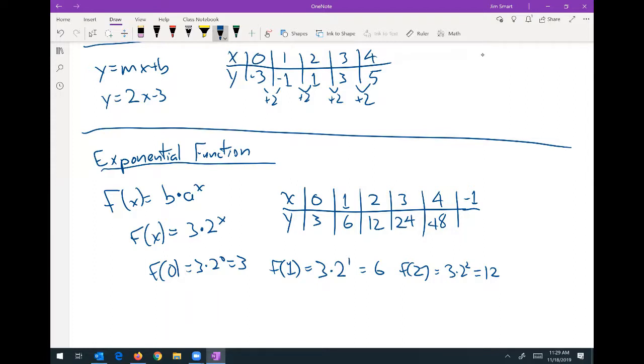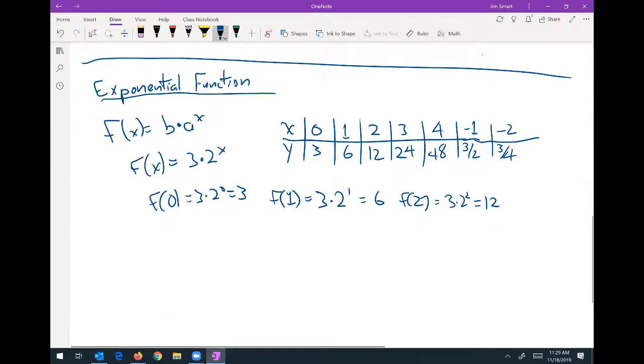So now if I have 3 and I want to go left 1, it's going to be 3 divided by 2, which would be 3 halves, or 1.5. And then at -2, I divide that by 2, which would be 3/4, and so on. As I keep dividing by 2, it'll get smaller and smaller.